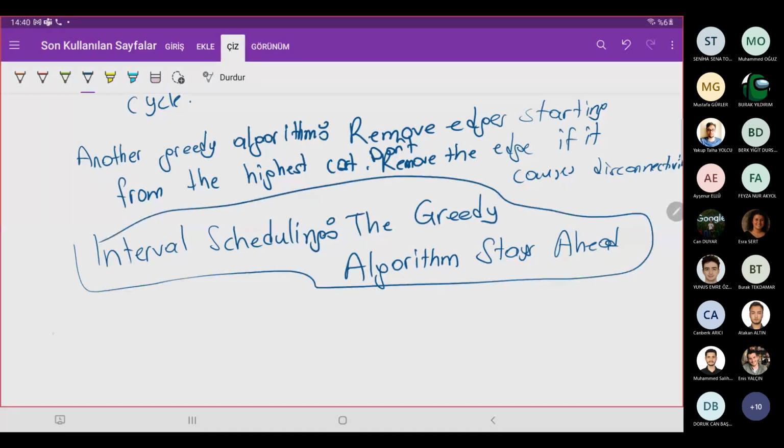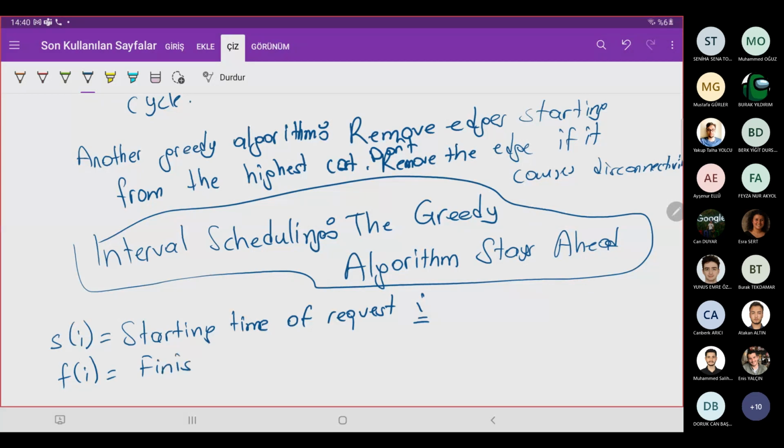So let Si be the starting time of request I, and Fi be the finish time of request I, okay?